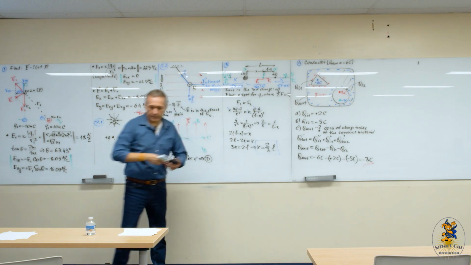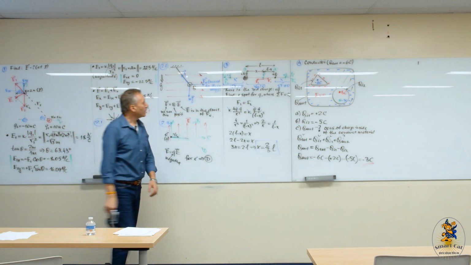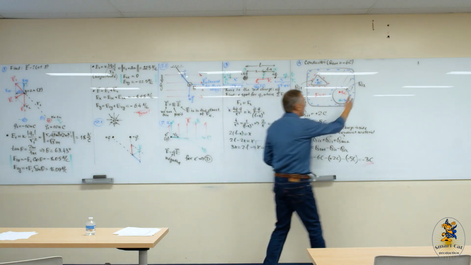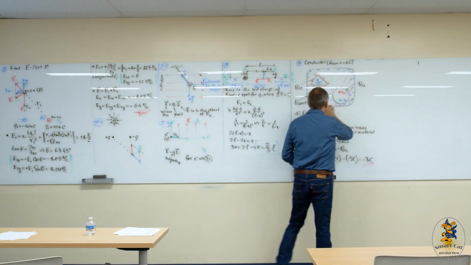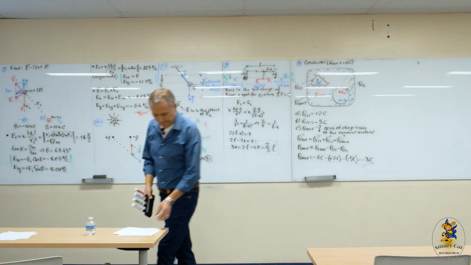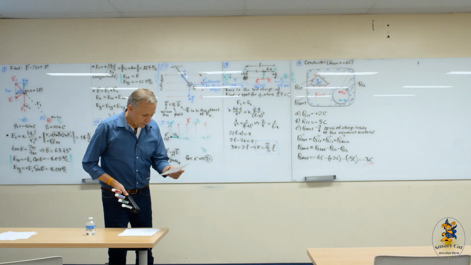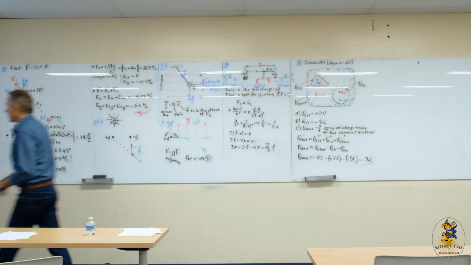Okay, now I think everything is on the picture. And of course, the electric field outside of the conductor is perpendicular, but you will see it in your lab number 2. Okay, enough of this.